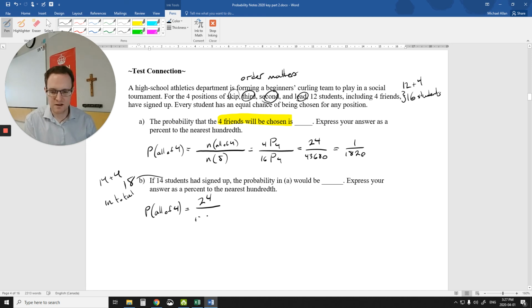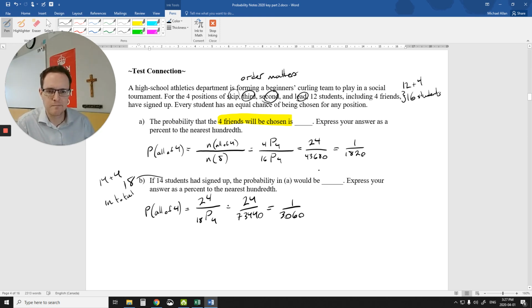So that means there are 18P4. Okay, 18P4. And we get 73,440. So a 1 in 3,060 chance of being on the same team. Considerably less when you just add a few more students to it.